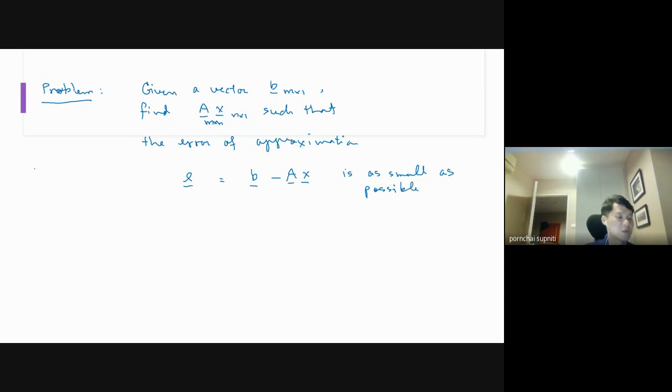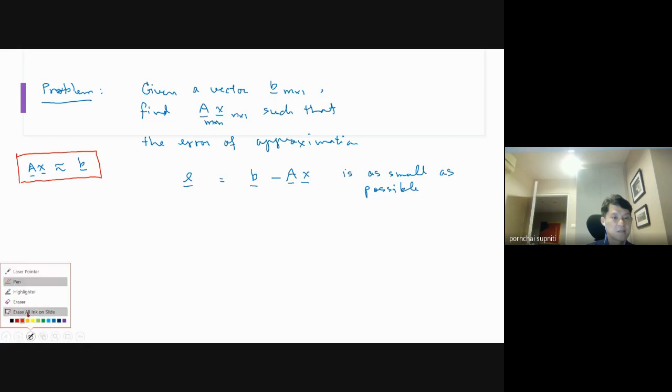We want to find ax to approximate b, such that the size of the error vector squared is minimized.